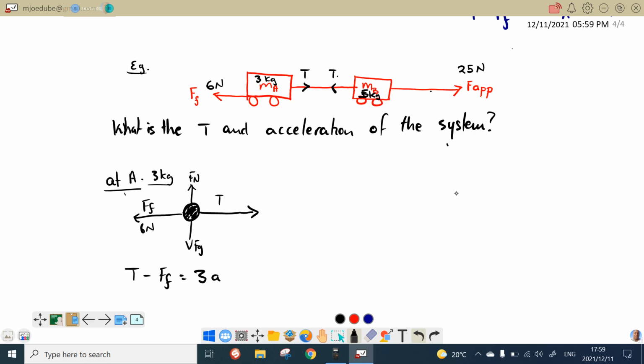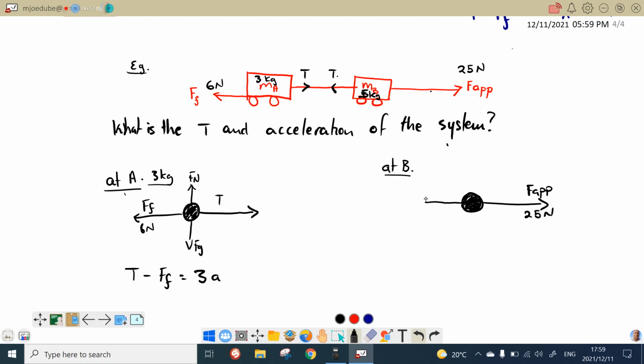And then at the other scenario, at B, the free body diagram also looks something like that. That's the F app, which is 25 newtons to the right.